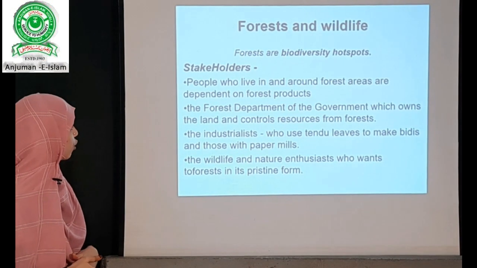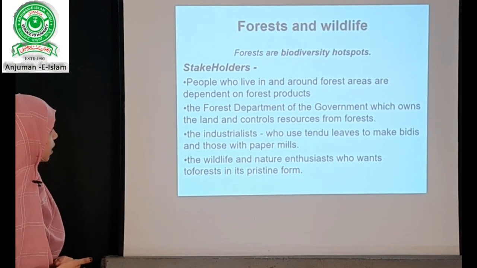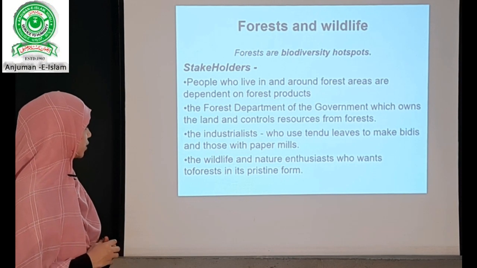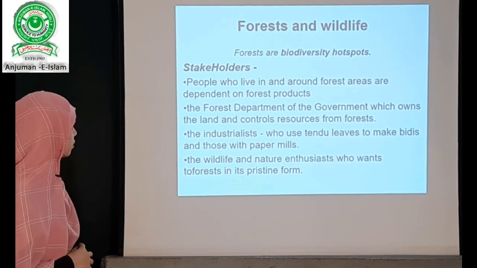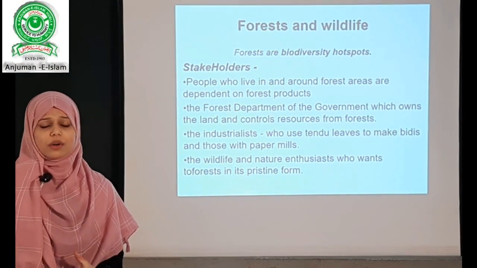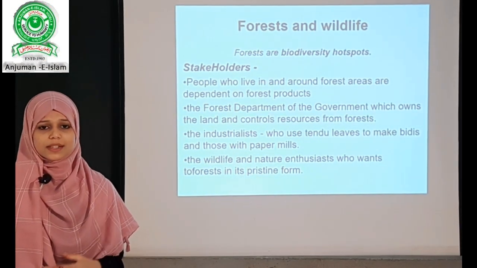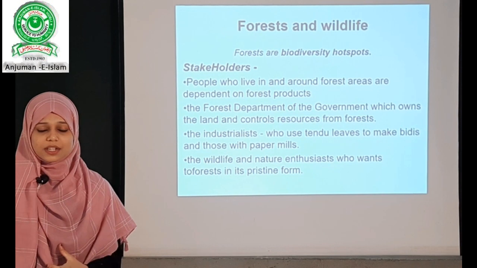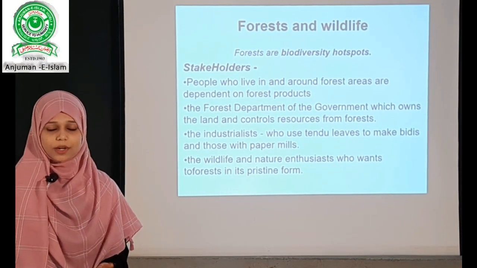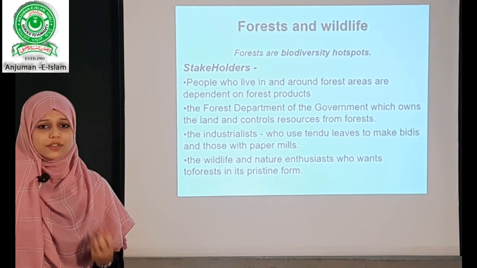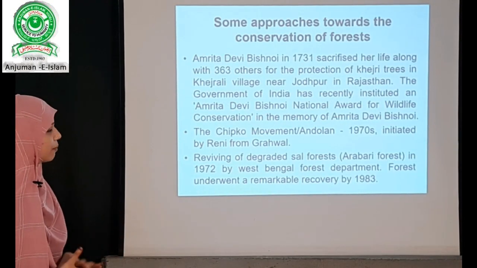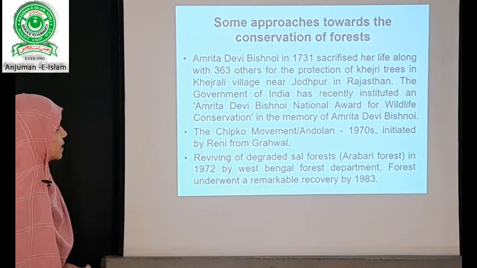Then the wildlife and nature enthusiasts who want to conserve forests in their pristine form. There are some people, NGOs and organizations, who are voluntarily working to save the environment, the wildlife and nature, right? Those people are also called stakeholders. So these are the 5 groups of people who are called stakeholders.